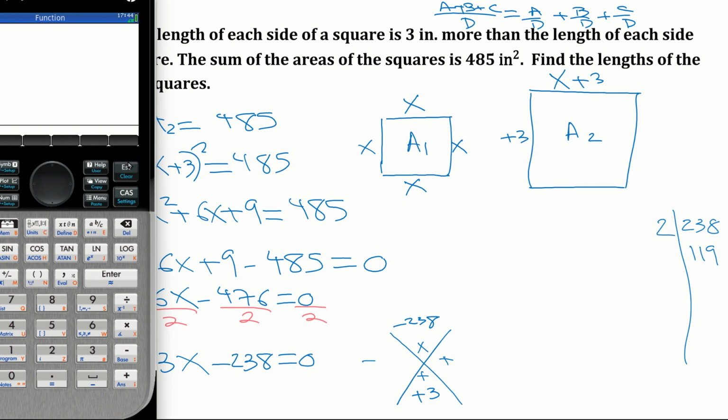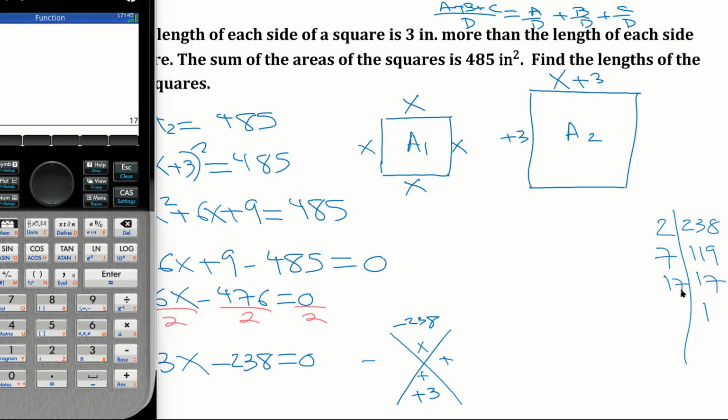Let's try that again. 119 divided by 7. That works, okay? So 7 goes into it 17 times, and 17 is a prime number, so the only prime number that goes into it is 17, and that happens one time, okay?